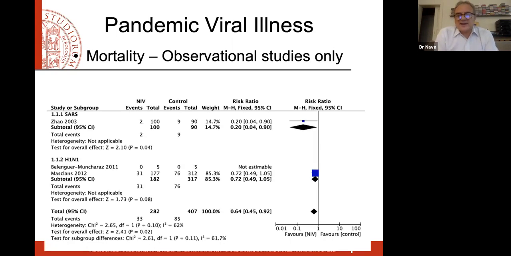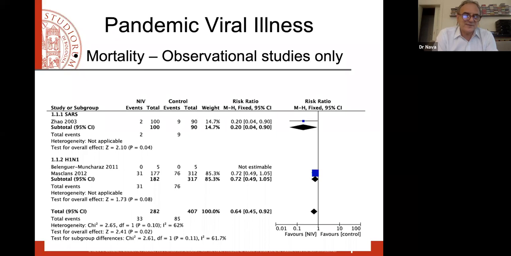Here is the funnel plot of the very few studies published in the literature at the time of the guidelines. Please note that despite no randomized controlled trial being performed, there was already a heterogeneity of disease.